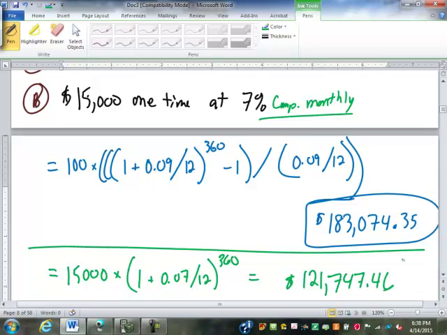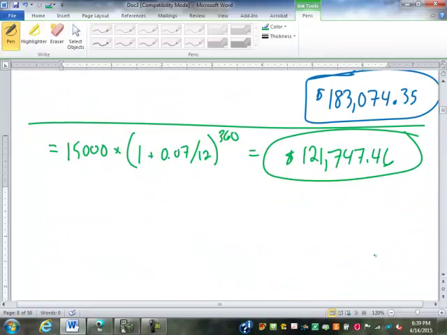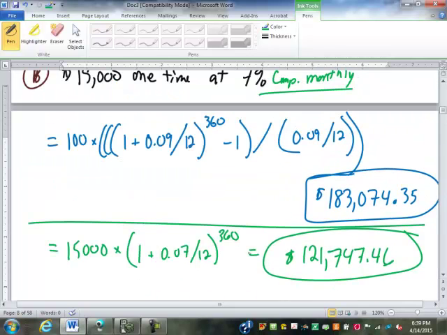So in this case, it wasn't really even close. That was for 30 years. But I mean, you're paying in twice as much. In 30 years, yeah, you are. You're paying in 36,000 even, and you're getting back 183. Yeah, it is.